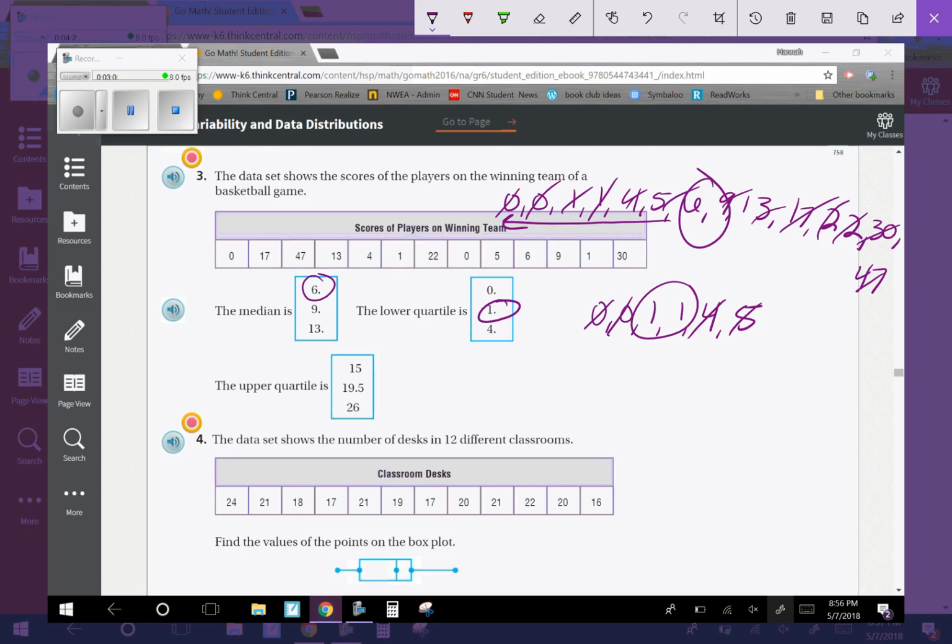If I needed to find the upper quartile, which I do, I need to do all the numbers to the right of that. So I have 9, 13, 17, 22, 30, and 47.